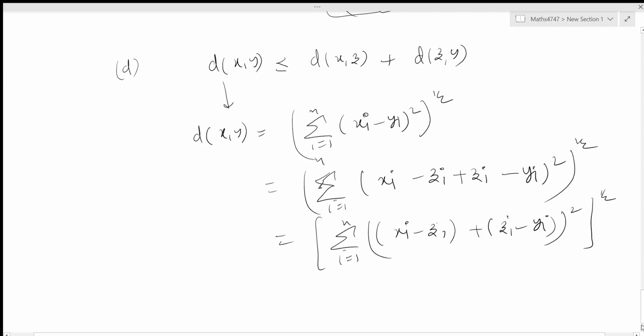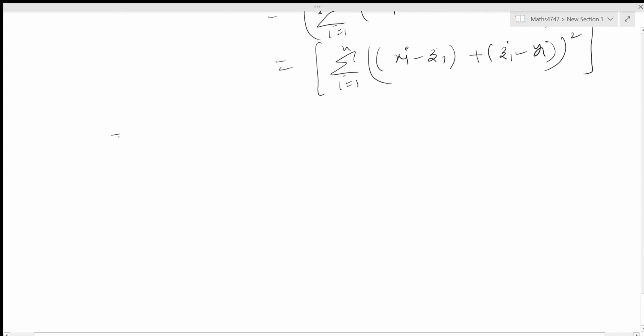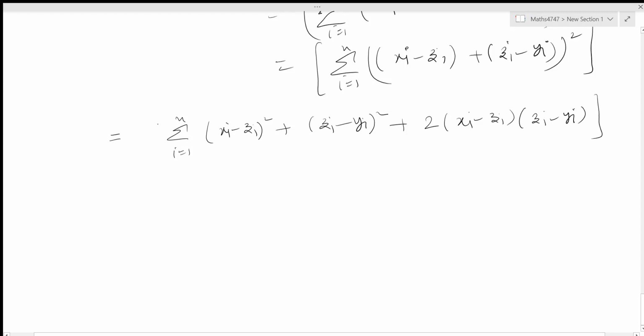So guys, now we have to open this square, and this is equal to the summation from i equals 1 to n. This is what? (xi minus zi) square plus (zi minus yi) square plus twice (xi minus zi)(zi minus yi), and whole to the power half.